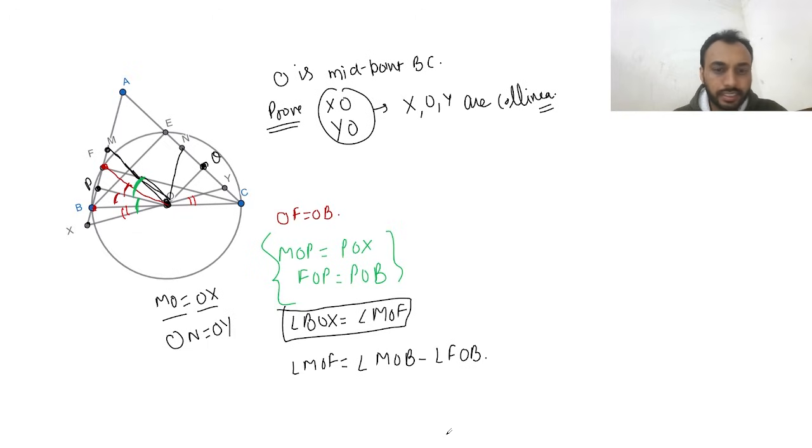So MOB angle, I think we can easily find out, because M and O are the midpoints, so MO is parallel to AC, so angle MOB is the same as angle C. And FOB angle is twice of angle FCB.